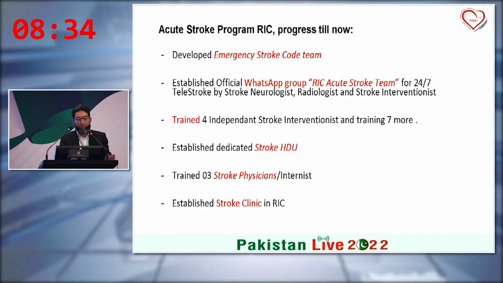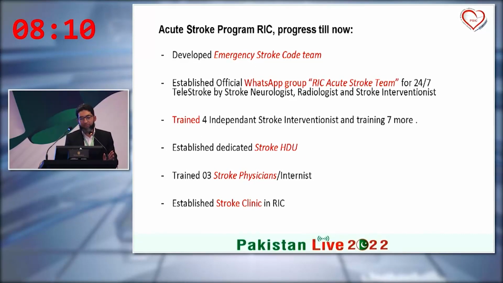After almost 4 years, what we have achieved is that we have developed an emergency stroke code team. We have established an official WhatsApp group of RIC for conducting telestroke codes by neurologists, radiologists and stroke interventionists. We have trained 4 independent stroke interventionists and are training 7 more.